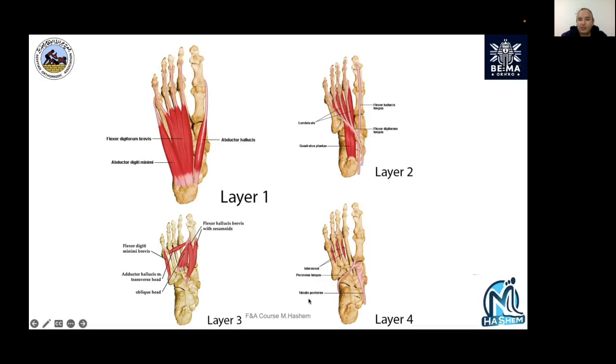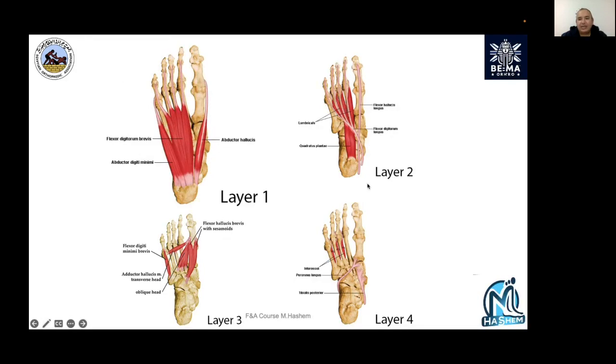So, 4 layers of the foot. First and third layers have short muscles. Second and fourth layers have long tendons. Layer number 1: abductor hallucis, abductor digiti minimi, flexor digitorum brevis, and remember abductor is relative to the central axis of the foot, not the central axis of the body. Number 3 has flexor hallucis brevis, flexor digiti minimi brevis, and adductor hallucis.